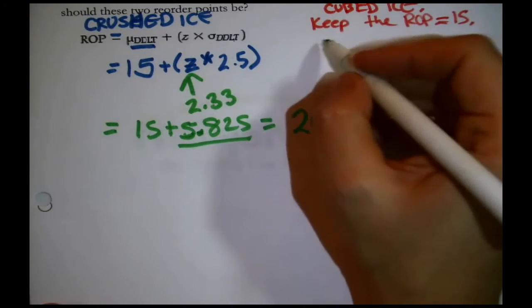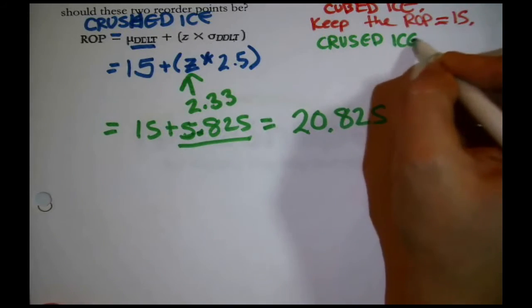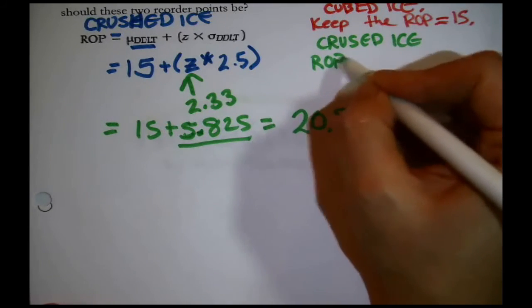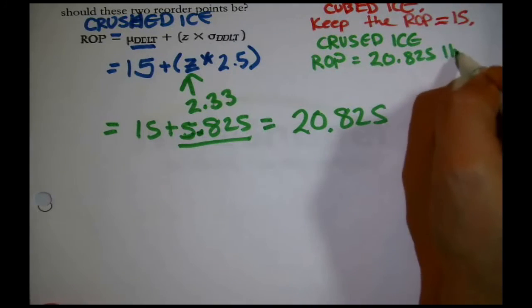For crushed ice, the reorder point should be 20.825 pounds, considerably higher than the reorder point that they're using now, in order to maintain the exact same service level that you're getting with the cubed ice, a service level of 99%.